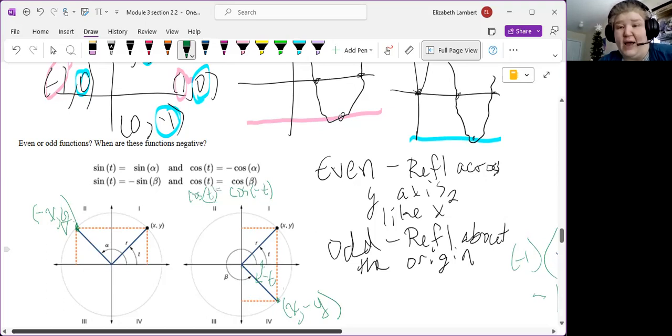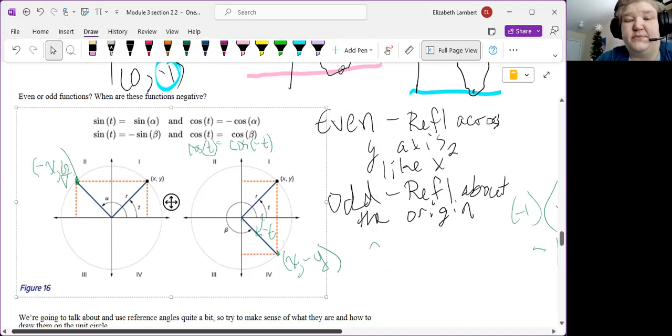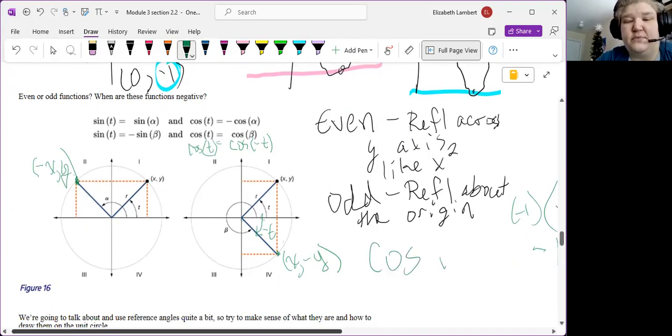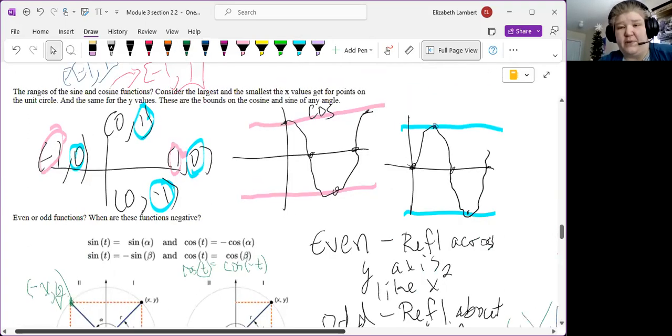When that happens, that's an even function. So this tells us cosine is even. And if we continued our original graph up here with the pink lines, that would be my next graph, and you can see I fold that in half. Cool. And our other trig functions that only depend on cosine will follow suit and be even.